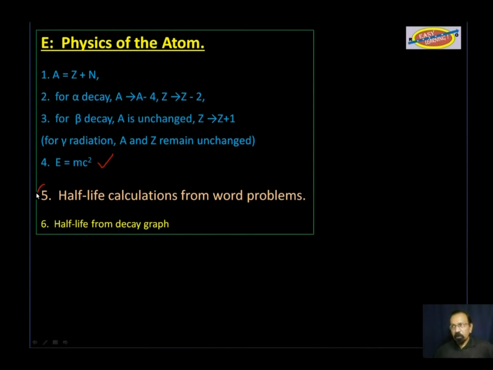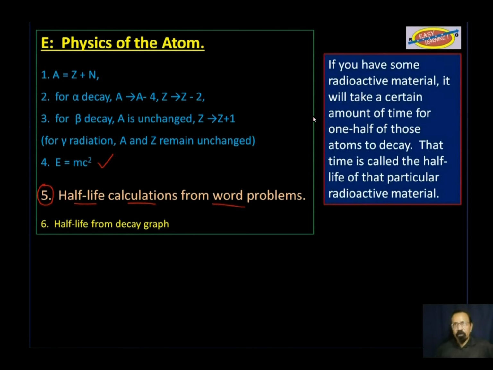Now we are going to look at formula 5, half-life calculations from word problems. So it's not a formula as such. We have to read the question and reason it out. Now, if you have some radioactive material, it will take a certain amount of time for 1/2 of those atoms to decay.